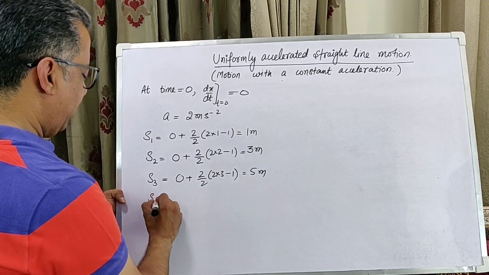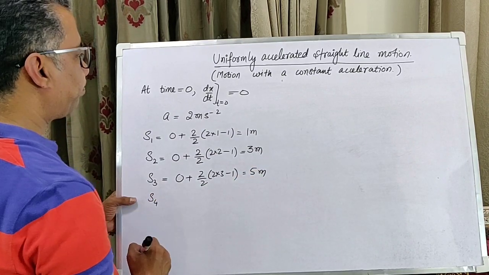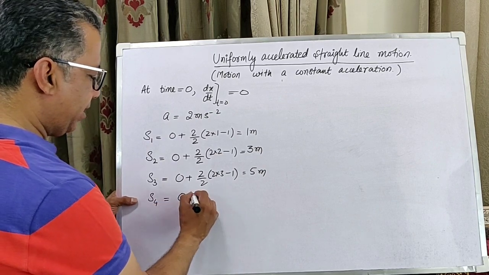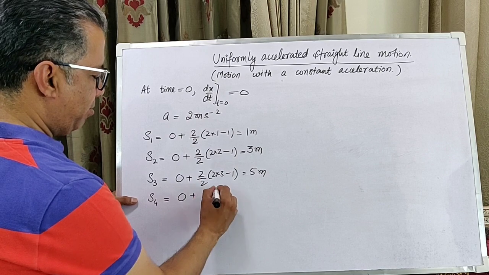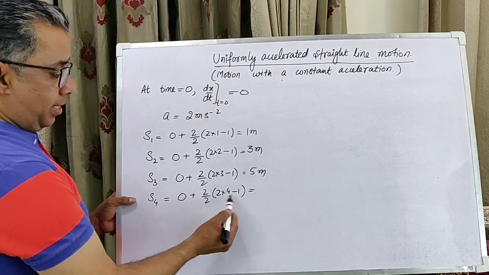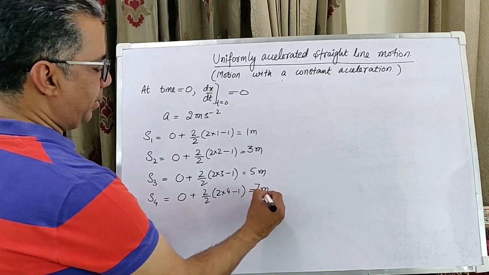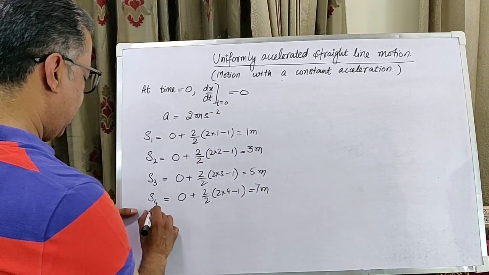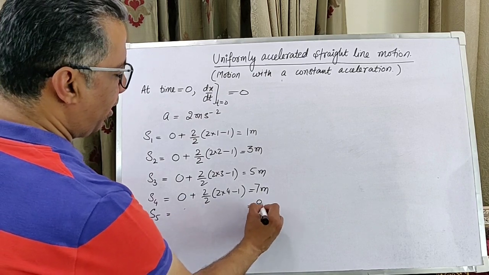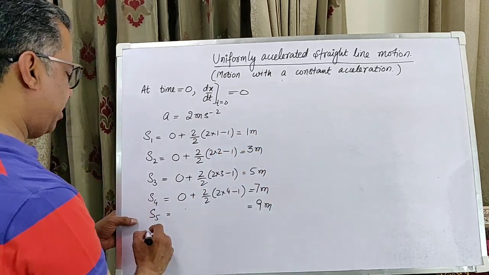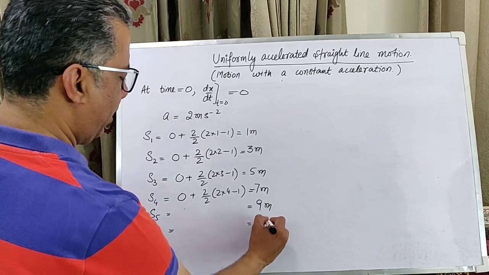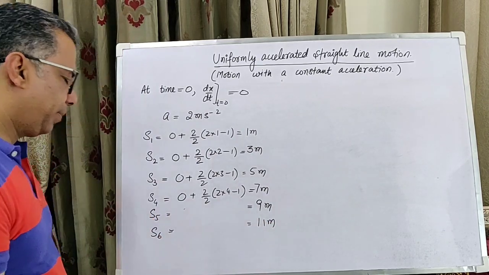So similarly, displacement S4 during the fourth 1 second interval will be 2 by 2 into 2 into 4 minus 1, and that's 7 meter, and so on. S5 will be 9 meter. I'm sure you can see the pattern now. S6 will be 11 meter, and so on.